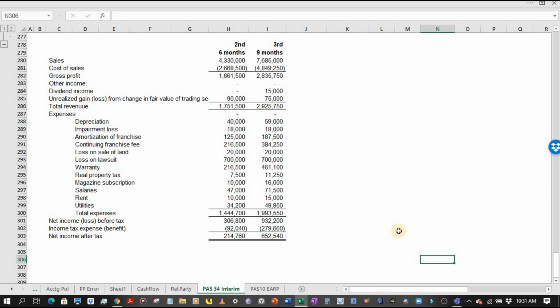Of course, the cumulative income statement that will be prepared during the fourth quarter is the annual income statement because it will already cover 12 months of operating results.